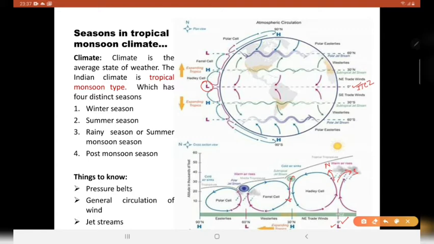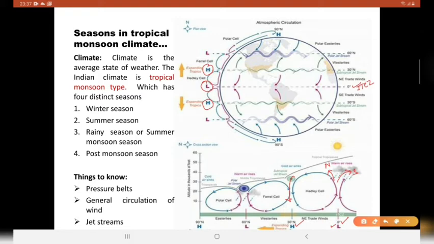This 30-degree latitude where cool and heavy air sinks is known as horse latitude or subtropical high pressure zone. So, you can see how high pressure is created in both hemispheres.